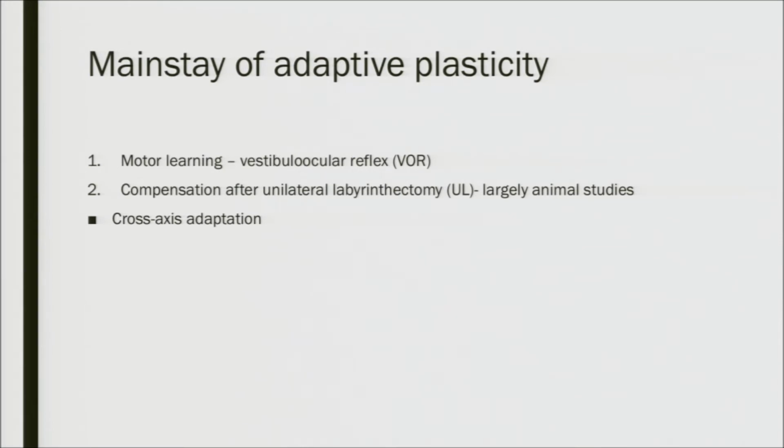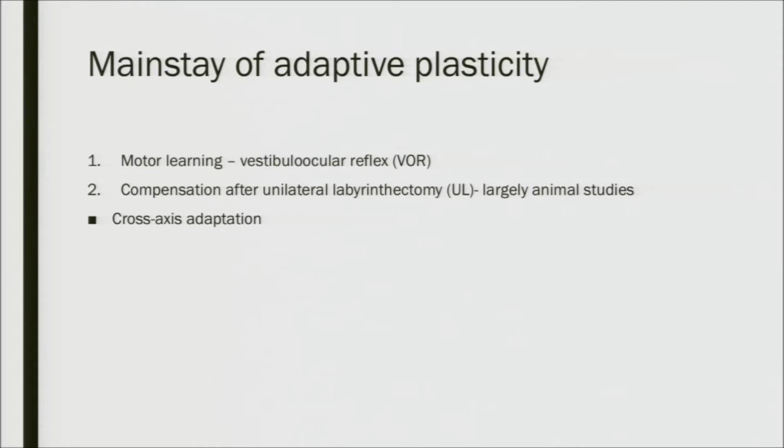So there is this term called motor learning. This is the mainstay of adaptive plasticity. This is used as a primary method of learning about the motor learning pathway. The vestibular ocular reflex is a very simple 3-neuron pathway.